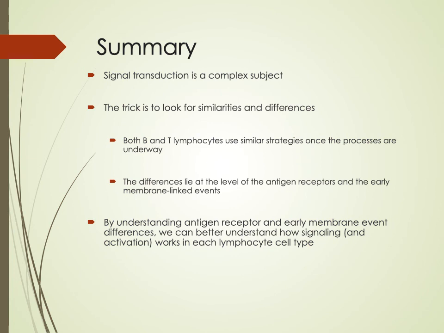By understanding antigen receptors and these earlier events, the differences, we can better understand how signaling activation works for each of these different cell types. And again, this is information that's going to be expanded upon throughout the whole entire semester. So if you feel overwhelmed, don't worry about it. It's just about laying a foundation and then moving on and building more detail into that foundation.